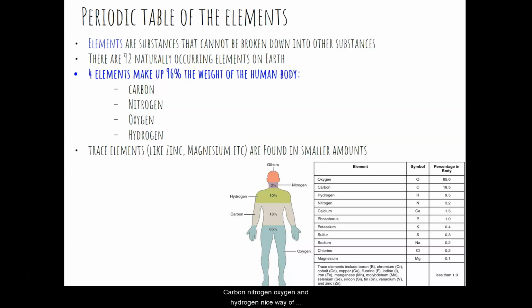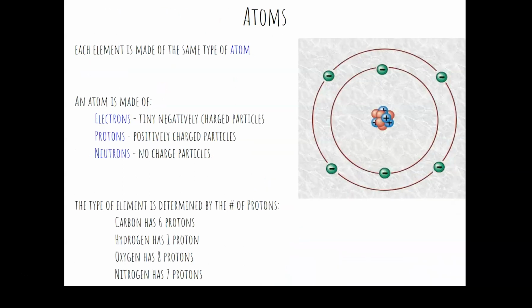A nice way of remembering them is CHON: C-H-O-N, carbon, hydrogen, oxygen, nitrogen. There are also trace elements like zinc, magnesium, and calcium, which are typically found in much smaller amounts in the body.